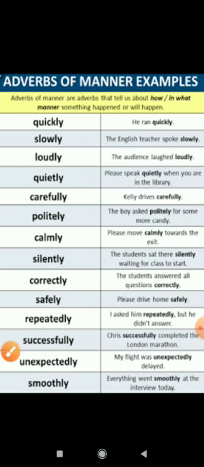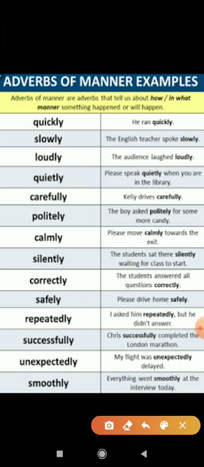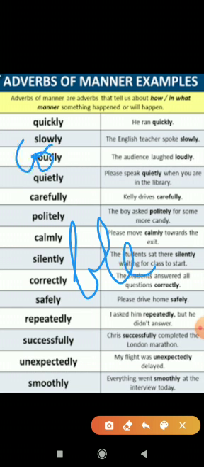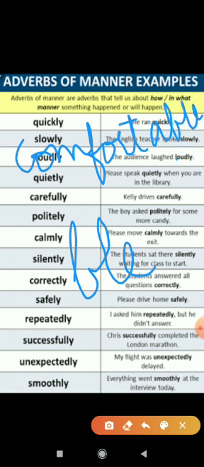There are also some adjectives that end with ble. For example, comfortable. Comfortable ends with ble. When we are making adverb of manner, ble will turn into bly.